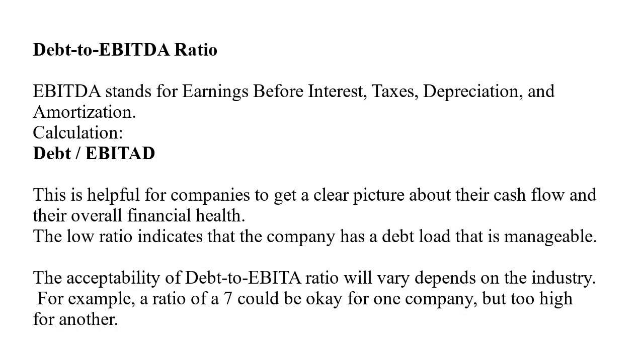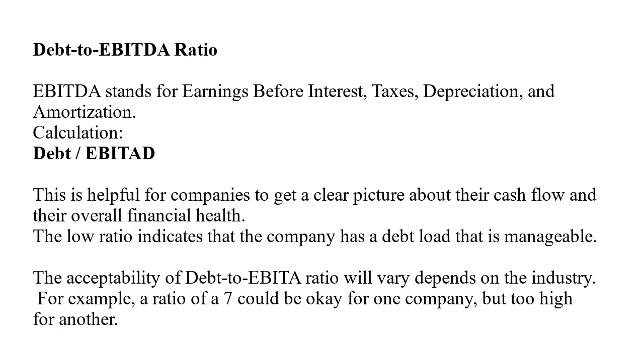EBITDA stands for earnings before interest, tax, depreciation, and amortization. How is this calculated? Debt divided by EBITDA. This is helpful for companies to get a clear picture about their cash flow and their overall financial health.